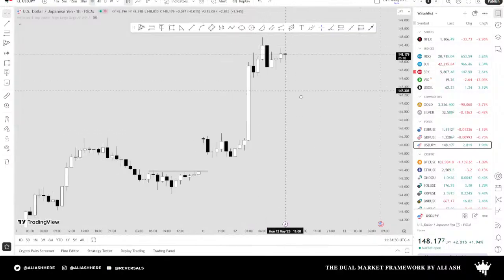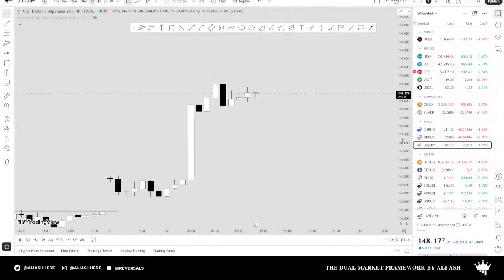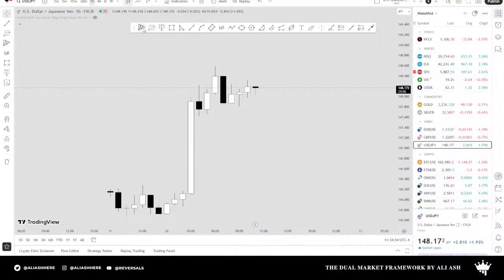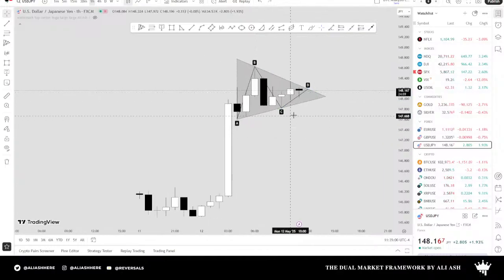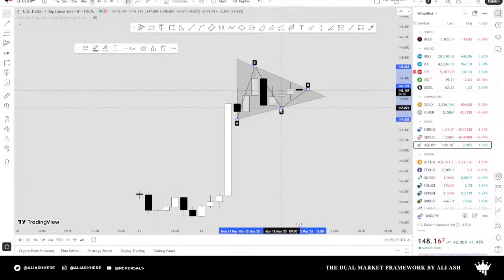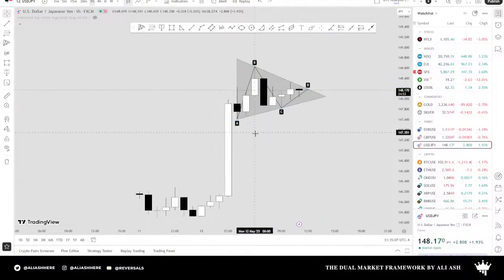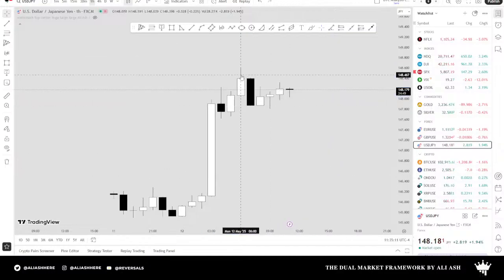Okay, let's see USDJPY. What do we have here? As of now, we have this pennant. We have this breakout structure, the potential breakout structure. So if this breaks, the same thing will happen. It will go for the FEG closing, and let's see how this turns out.